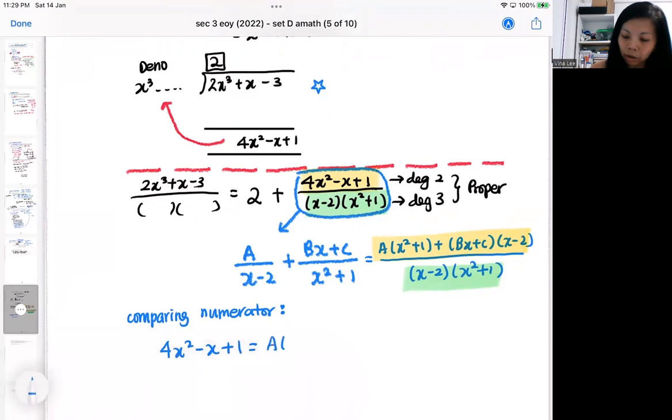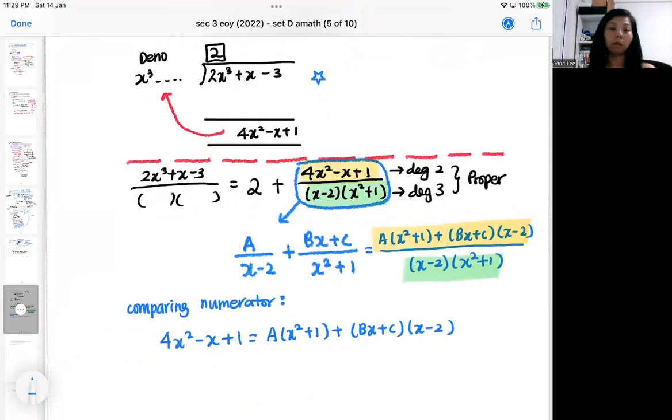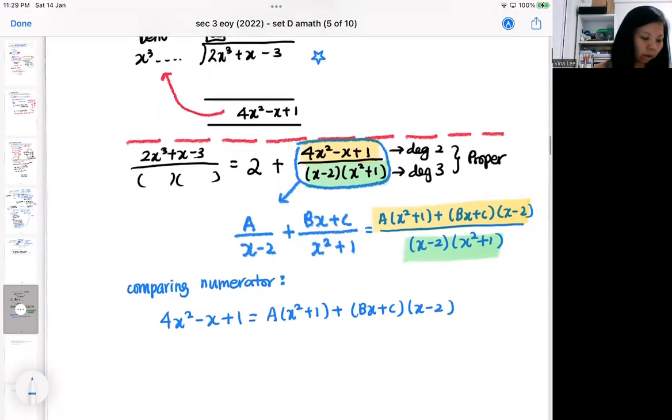So how are you going to solve the identity? For the method of identity, sometimes it's expansion: you expand the right side and compare the coefficients. Or sometimes it can be done using the substitution method. In this question, I do a substitution. The bracket is an indication that I can sub x equal to 2.